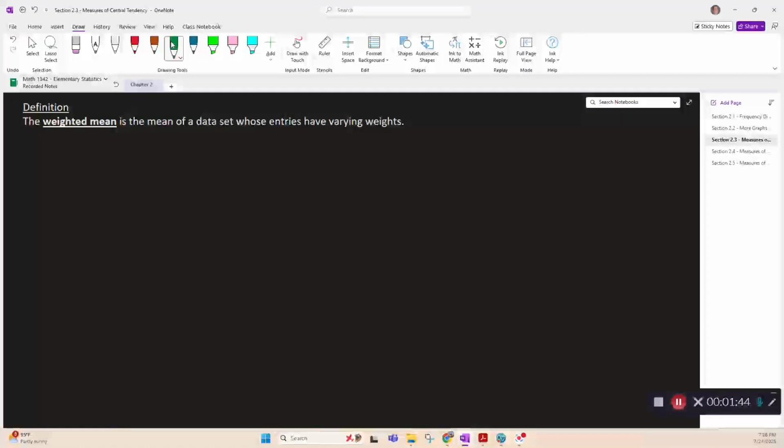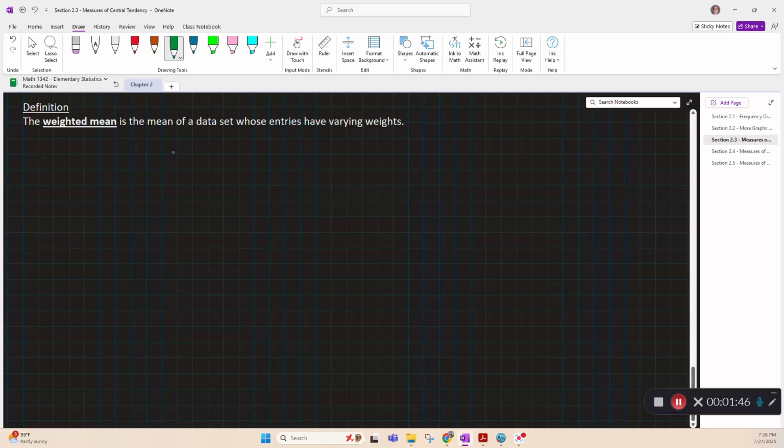So x bar is equal to the sum of the x's times the weights, all over the sum of the weights. In a simpler form, it's the sum of xw over the sum of the w's.